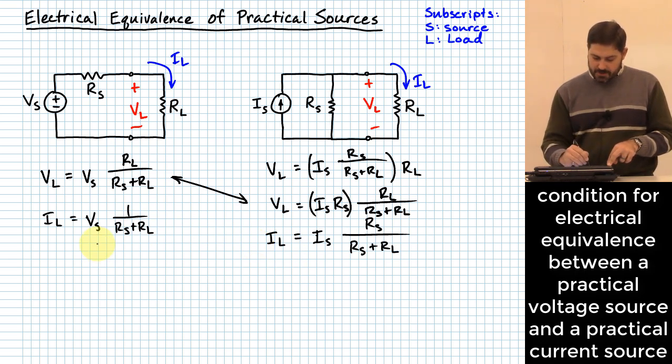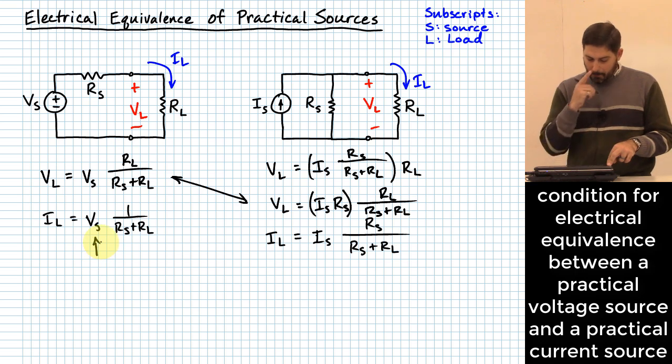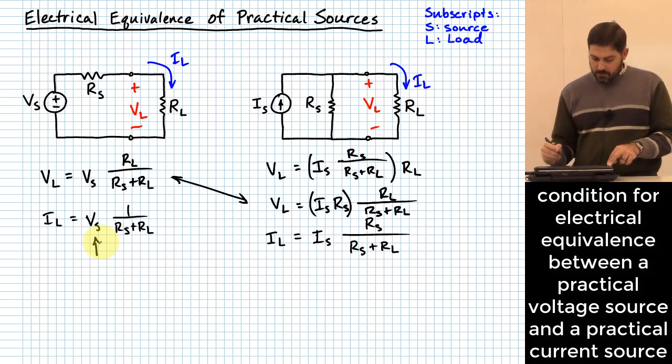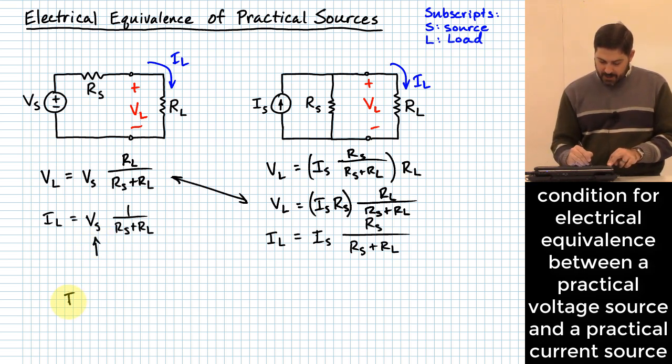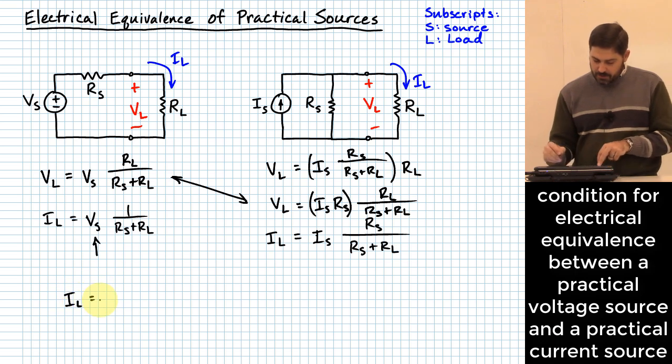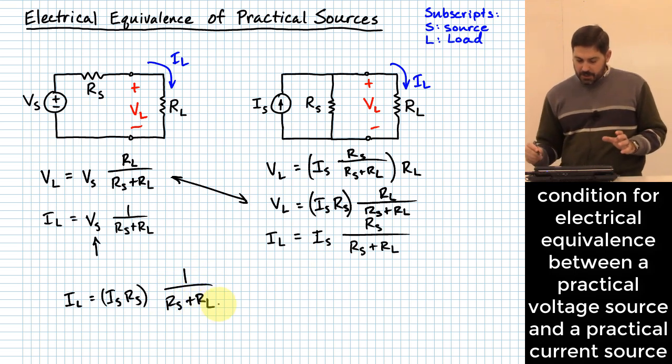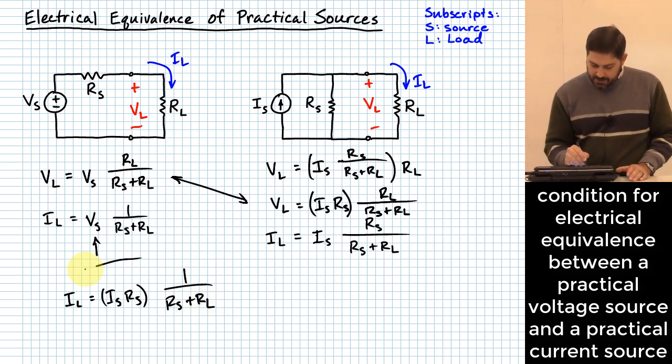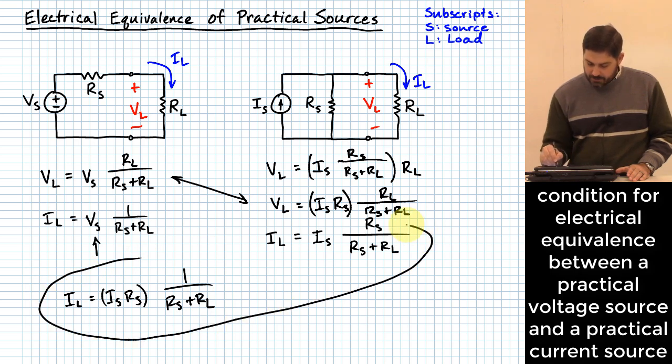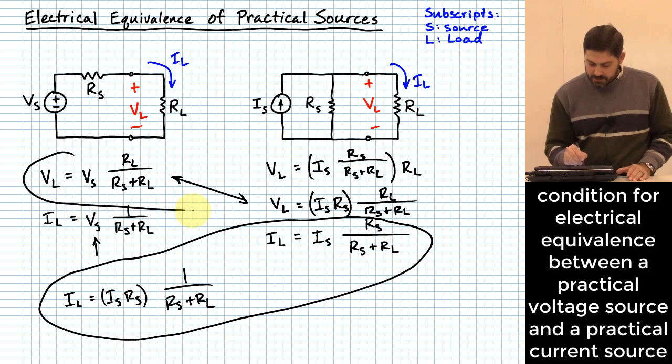Where do I have VS? Right here? Would it be valid to say here IL is equal to ISRS times 1 over RS plus RL? How you can tell if these are equivalent circuits is we should have exactly the same current and exactly the same voltage equations.